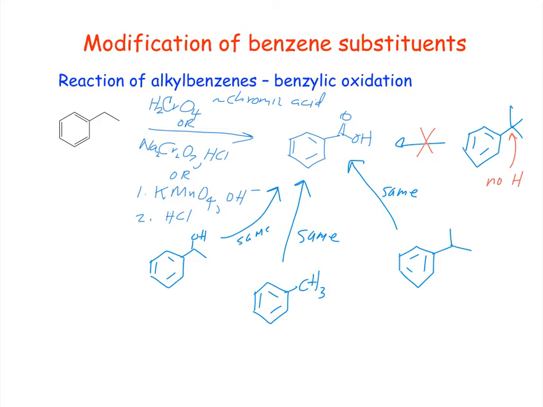Let's think of what we would get if we had something like this. We've got a benzoic acid with a cyclohexane ring attached to it, essentially fused onto it. And we used chromic acid. What would be our main organic product?